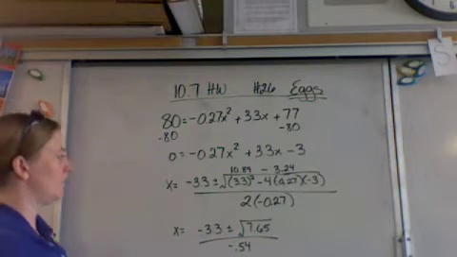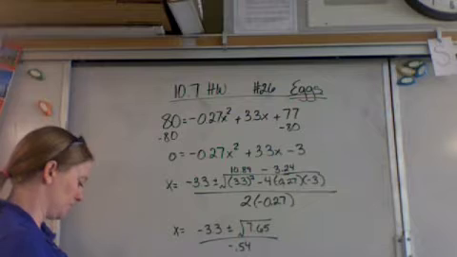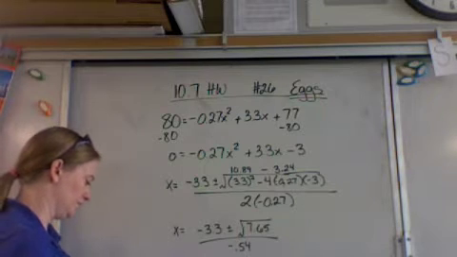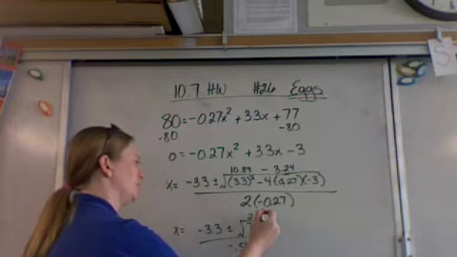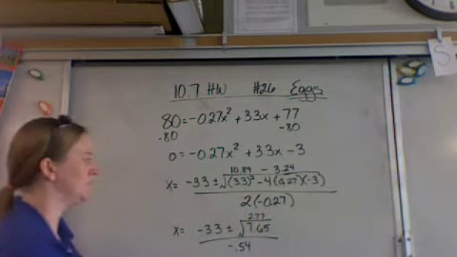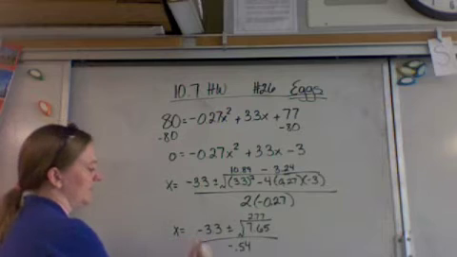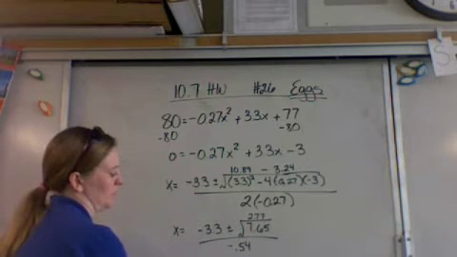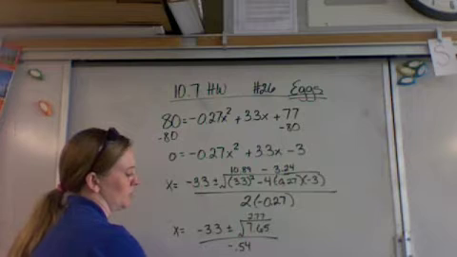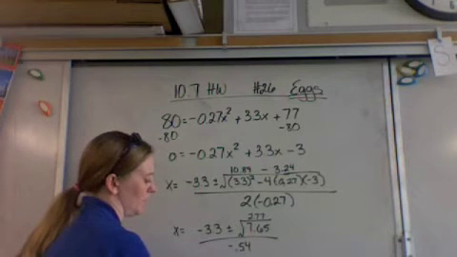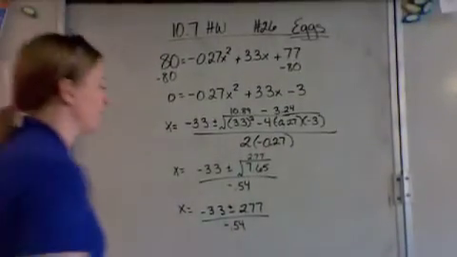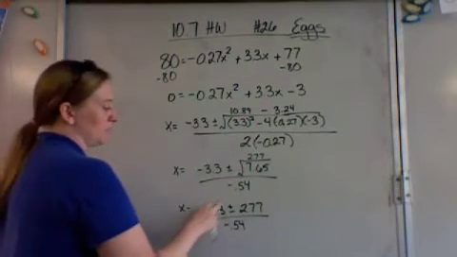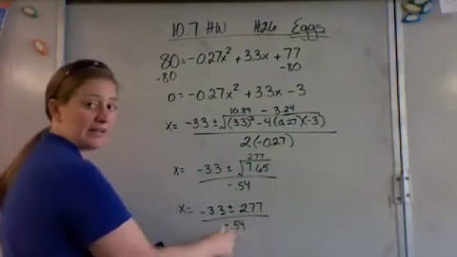Okay, and then we want to do the next step, which is to figure out what the square root of 7.65 is. It is 2.77 if I round it. And so I'm going to have negative 3.3 plus or minus 2.77 divided by negative 0.54. So we have two possible answers here, remember. First, let's do negative 3.3 plus 2.77 and divide it by negative 0.54.